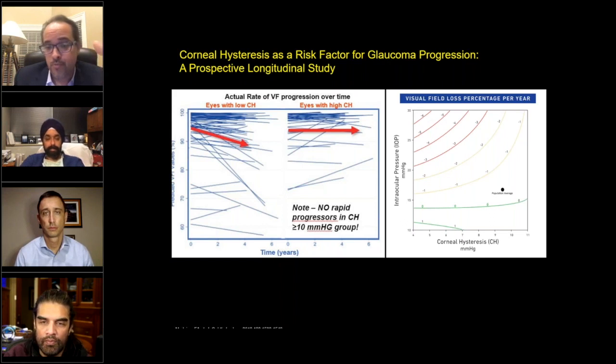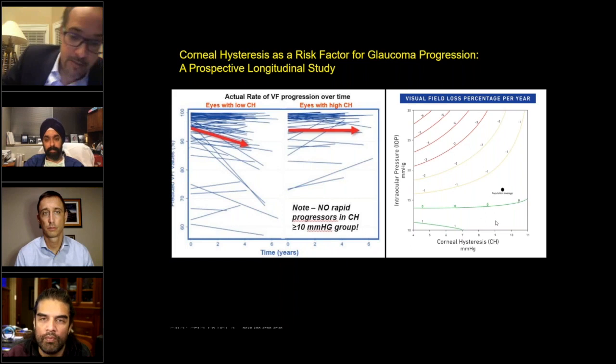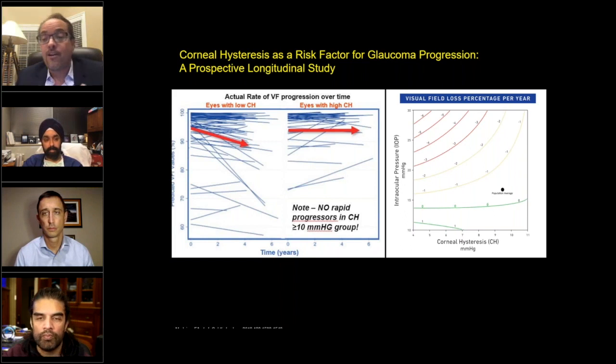Let's say minus 3% per year. That may actually sound small, but you have to think about it in that it will accumulate over time. If I have minus 3% per year, in 10 years I lost a third of the visual field. So it's actually an extremely fast progression. So low corneal hysteresis and high intraocular pressures were particularly harmful.